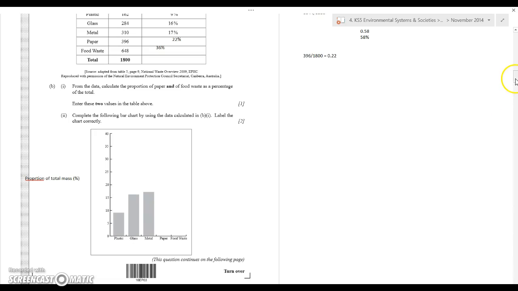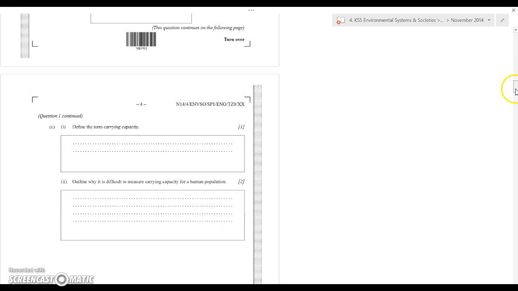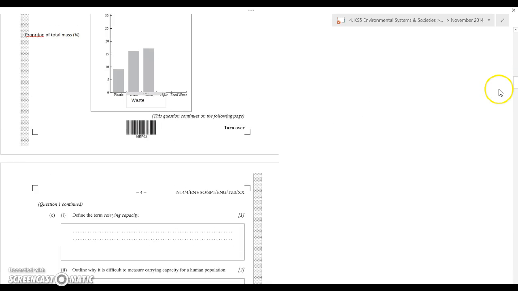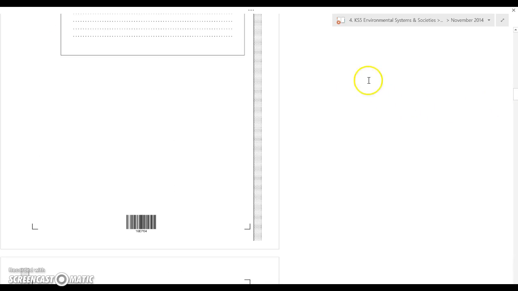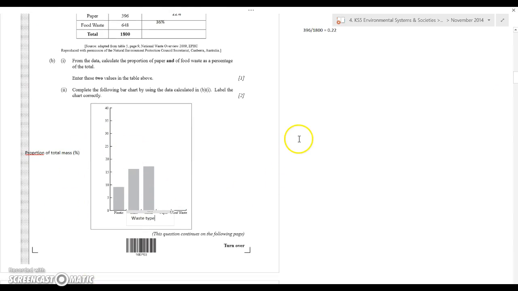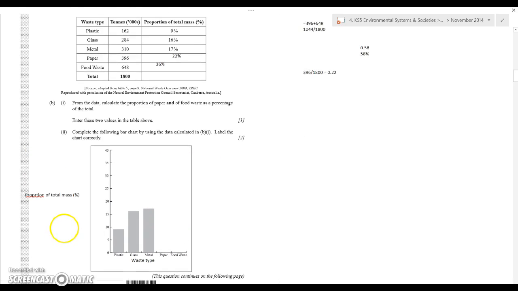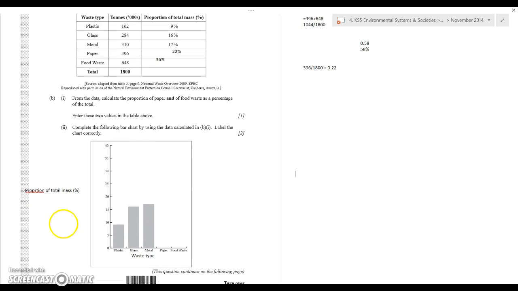And then this one's got to match the other table, so this is waste type. All right, and then I would plot my paper in here. So that's 22%, so it's going to be up here somewhere. And then food waste, 36%.